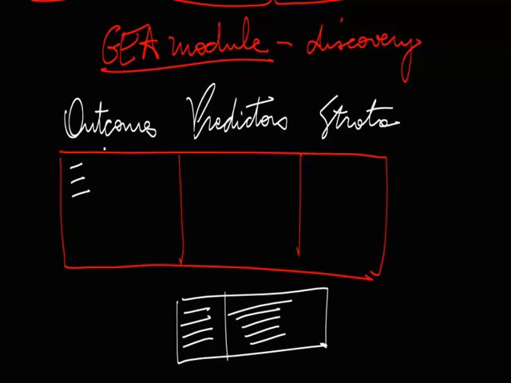I could have something like, for example, death. I could have something like post-operative complications. I could have something like cost. So I could have a lot of different things.